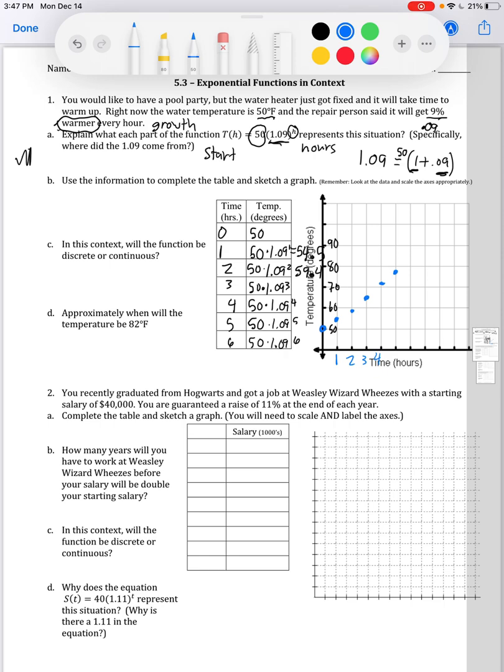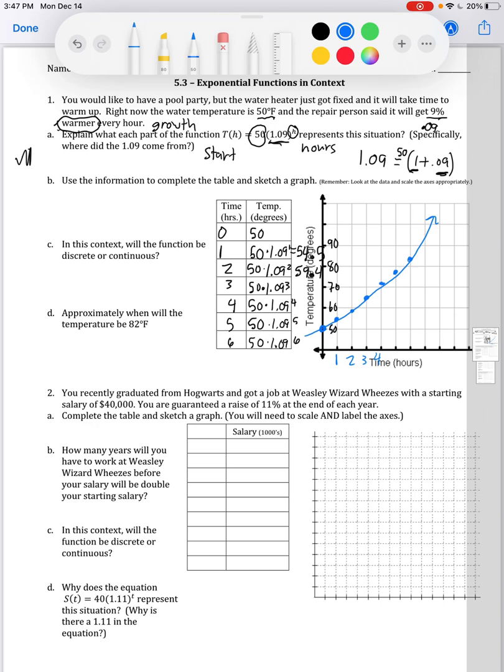And our last one, 50 times 1.09 to the sixth, is going to be 83.8, which will be right about there. So you'll notice the rate of change is not getting big very quickly, but it is getting slightly bigger over time.